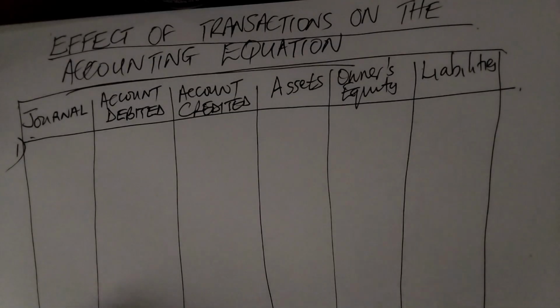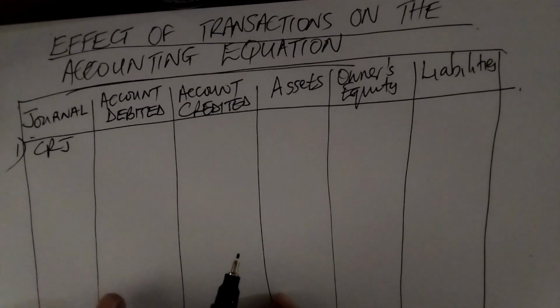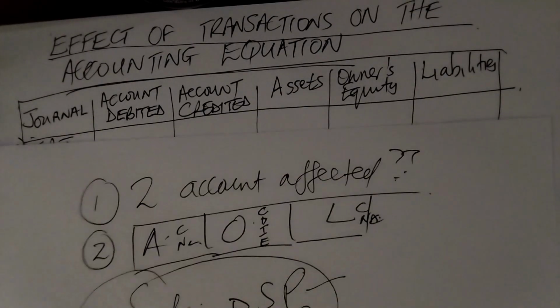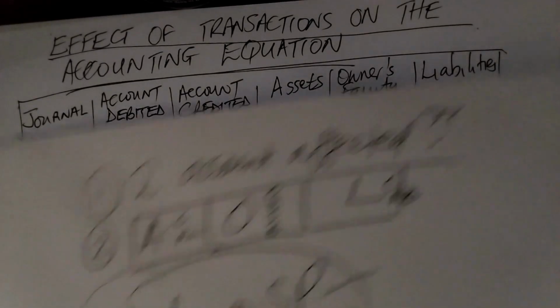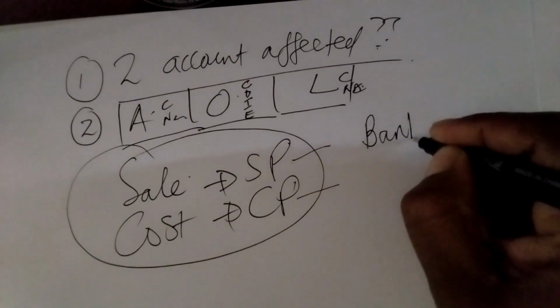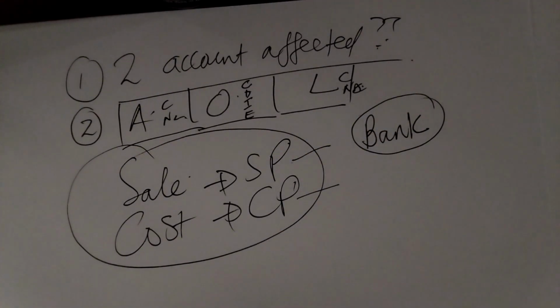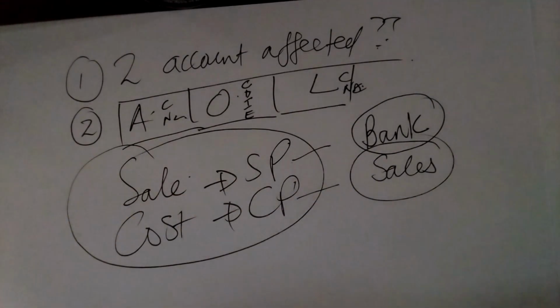When goods are sold for cash, money must go to the CRJ, which is your cash receipts journal, and then you need to look at what I've mentioned here. I said you need to check which two accounts are affected by that. So if you sell for cash, obviously, you know the bank comes into the picture because money is going to go to the bank, and then you've got your sales because this is a sale.